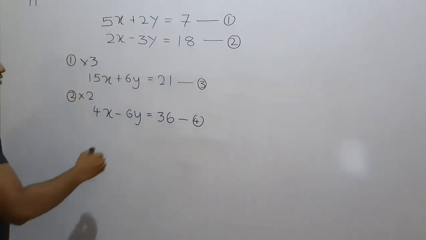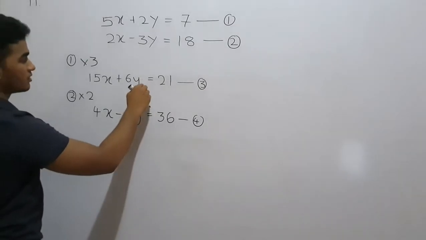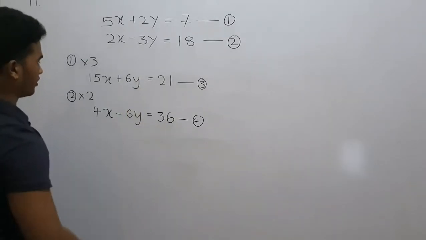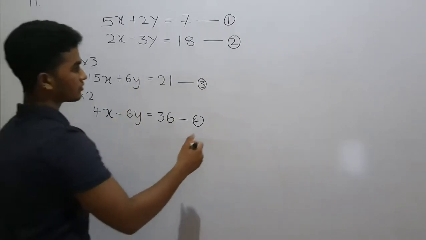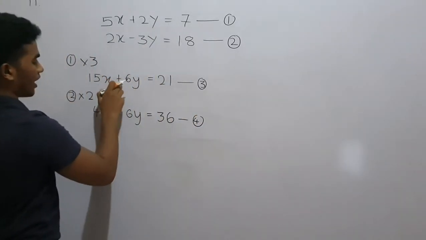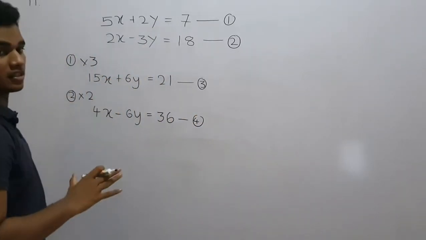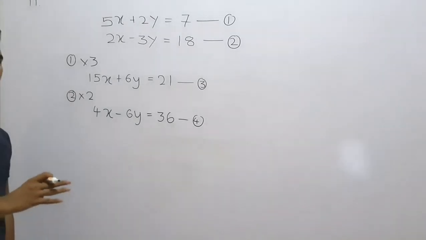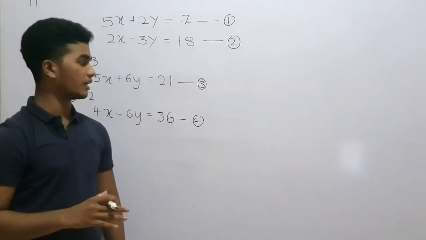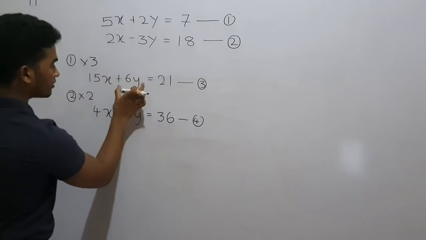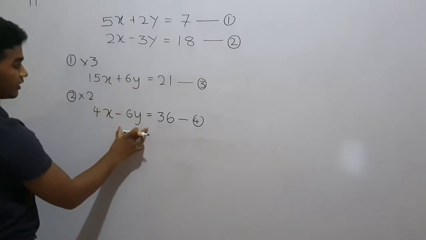Now in equation 3 it is plus 6y, and in equation 4 it is minus 6y. Now you know when the signs are similar, we subtract. Since the signs are different, it's addition.